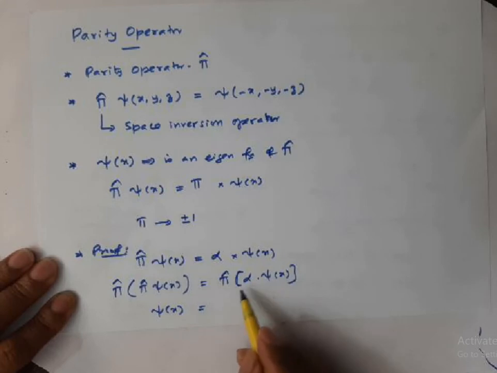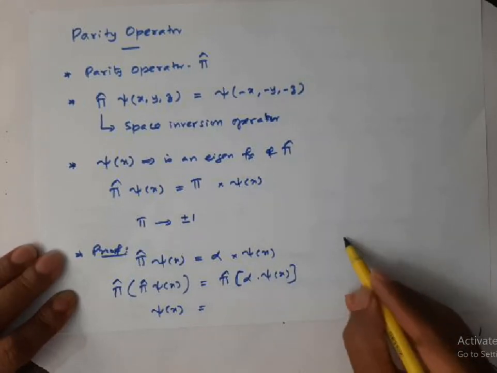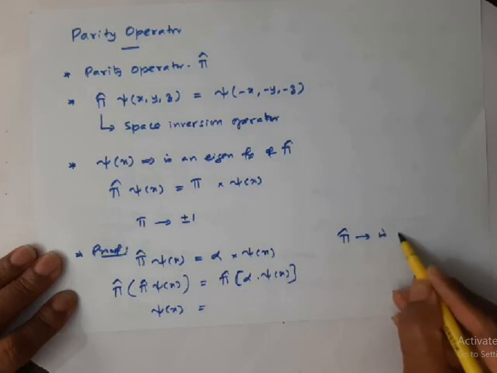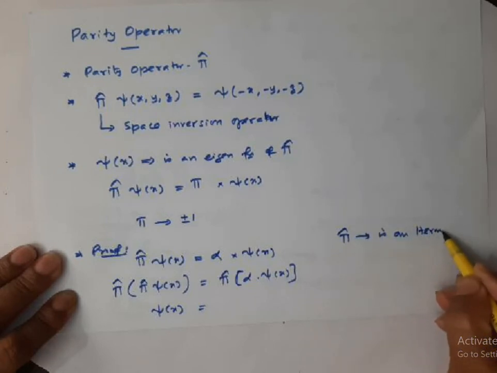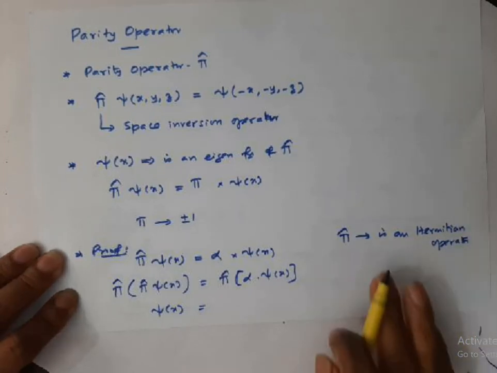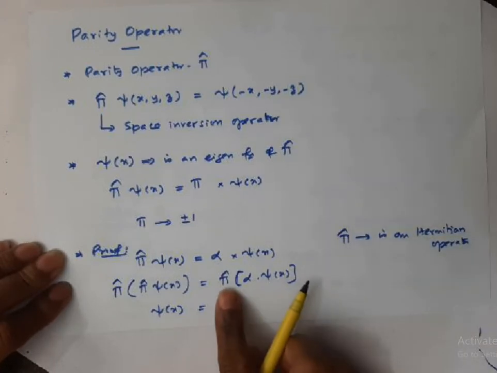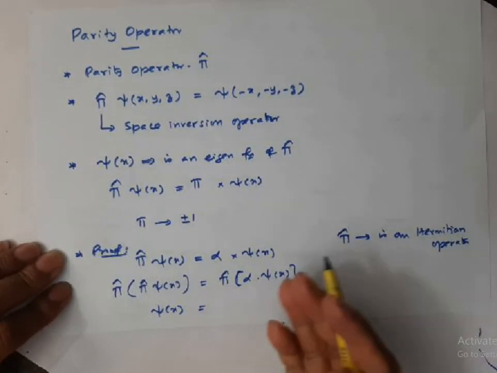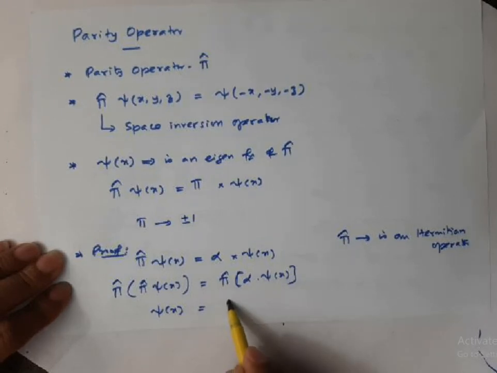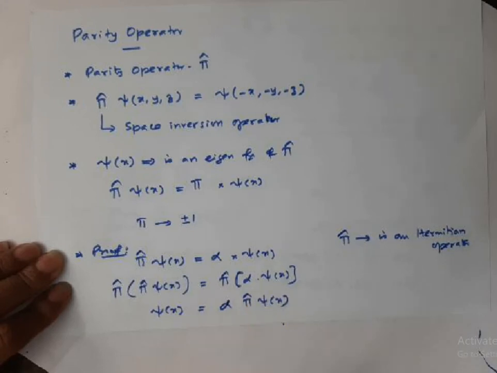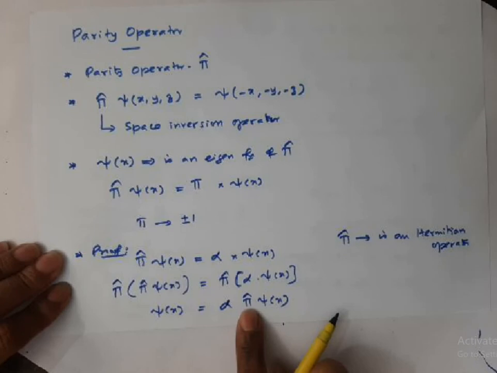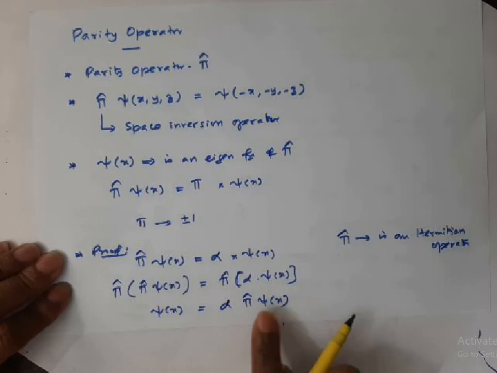The parity operator is basically a Hermitian operator, and you know very well that all Hermitian operators are linear operators. Since the parity operator is linear, you can take the eigenvalue alpha out and apply the parity operator to the function psi of x. Since psi of x is an eigenfunction, you'll get the same function multiplied by the eigenvalue alpha.